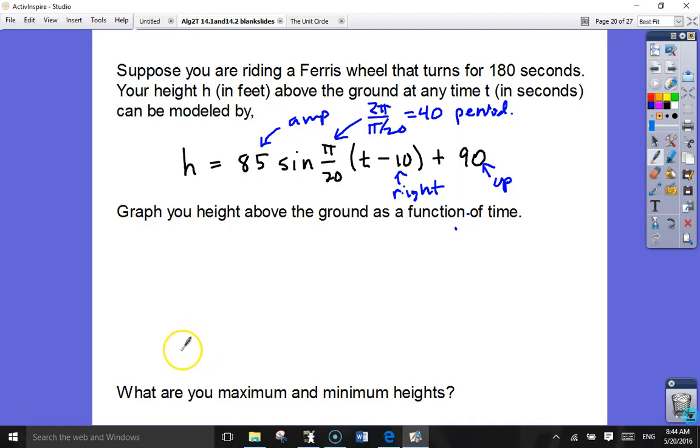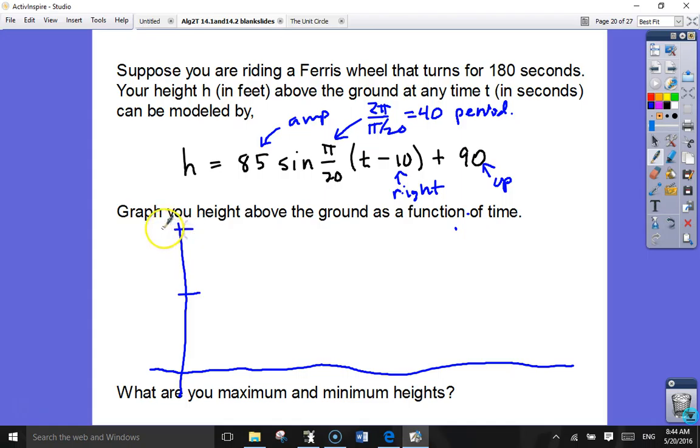Right? So let's draw this thing. It's got an amplitude of 85 and it's shifted up 90. So I basically need this thing to go almost to 200. It's a sine function, which normally would start at 0 at 0, but it's shifted 10 to the right.